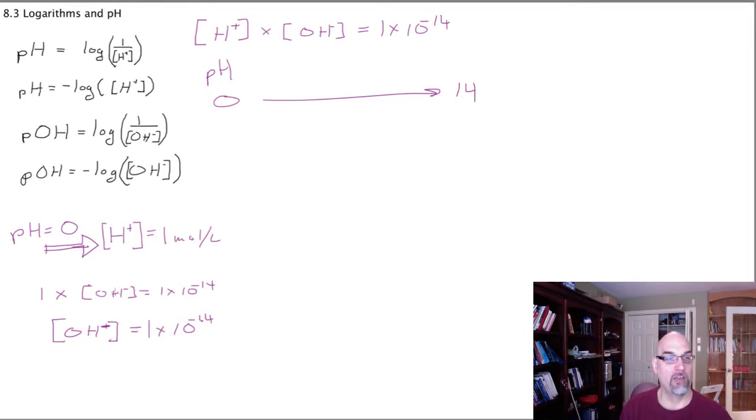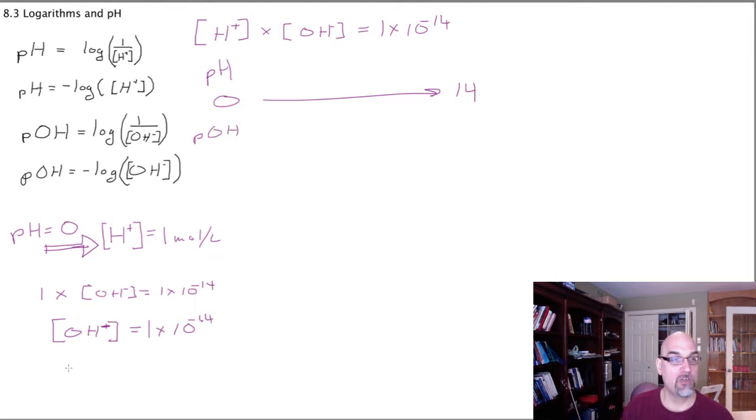Okay, and then I use this formula up here that we used last section to say that when my molar concentration of hydrogen ions, this H plus, is 1, then my OH is 1 times 10 to the negative 14.